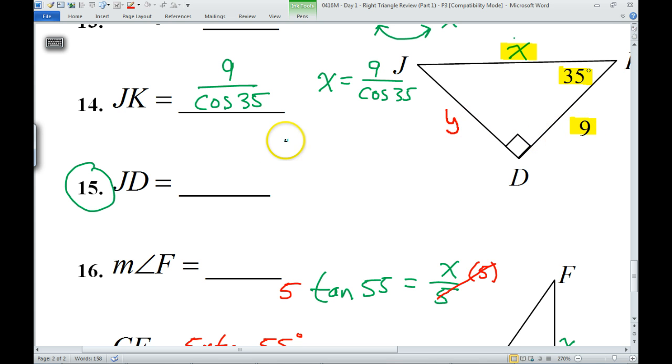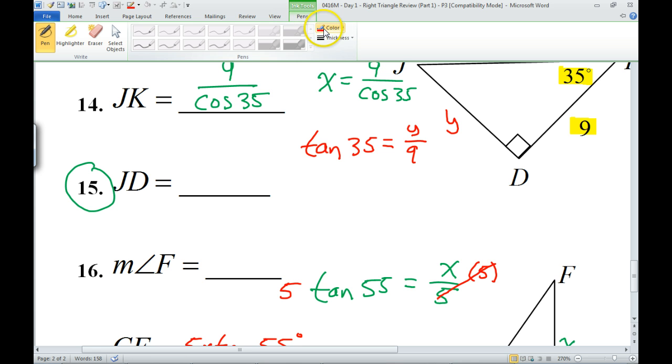Opposite, adjacent. Which trig function is that? Hopefully we're saying tangent. Tangent of 35 degrees will be opposite over adjacent. So Y over 9. So how will I get Y by itself?